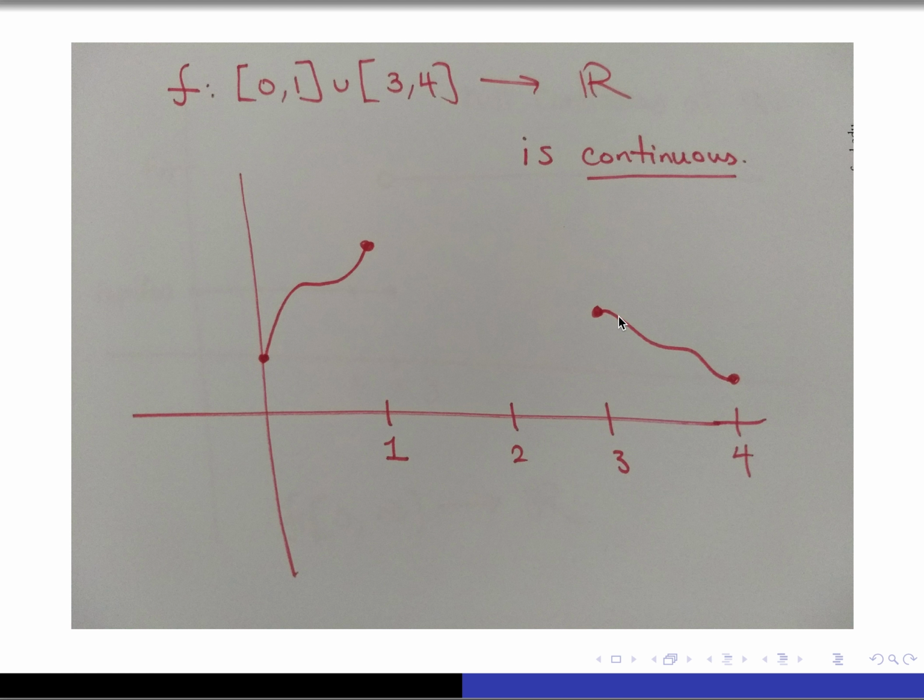The only points in the domain reasonably close to 3 are things like 3.1 or 3.01, and those outputs are pretty close to the function value at 3. So if we plug in inputs, meaning things in the domain that are close to, say, 1, 1/2, 3, or 4, we always get outputs that are close to the values at those points. So this is a continuous function. That's something to be aware of.